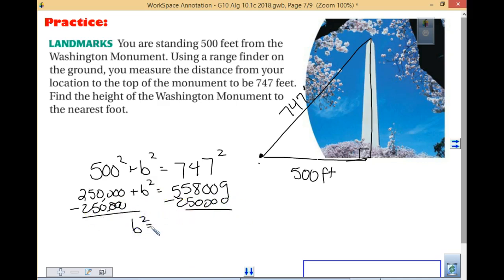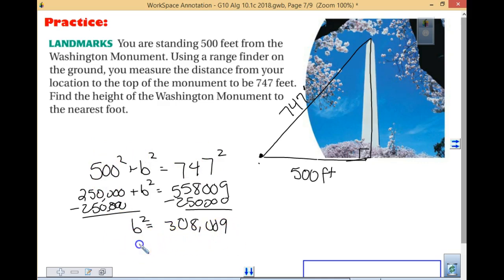B squared is going to be equal to, and again, they ask us to round our answer when we are doing this, so our B squared is 308,009. So hopefully when you're doing this on your calculator, you're doing the 747 squared minus the 500 squared, get that answer here.